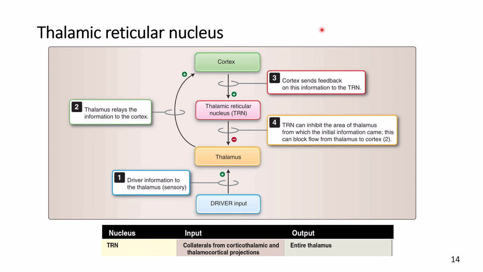The other nucleus is the thalamic reticular nucleus. So here the thalamus is receiving most of the sensory information, if you remember. The only exception is that it does not receive direct information from cranial nerve 1, but the rest, all sensory information is received by the thalamus.